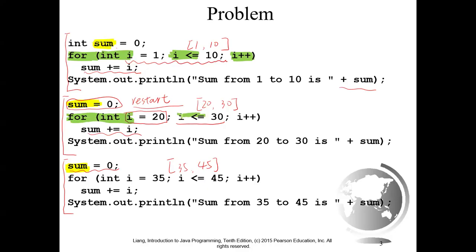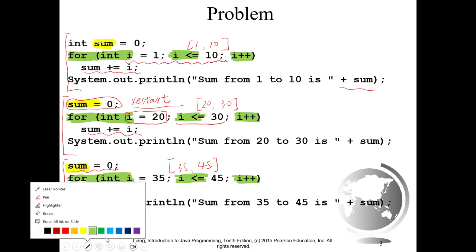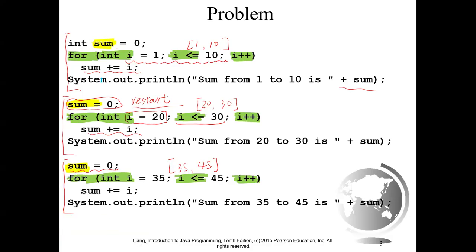I'm highlighting them using green. And inside the for loop, they also share something the same, right? Both of them use sum plus equal to I. This is the same.